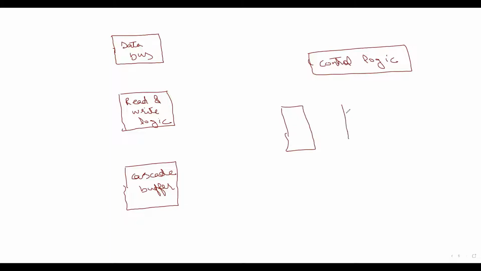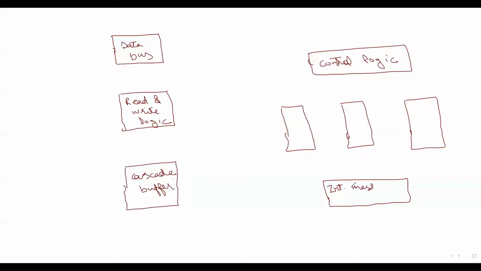Then we have these three blocks here. This is called the interrupt mask register, IMR.